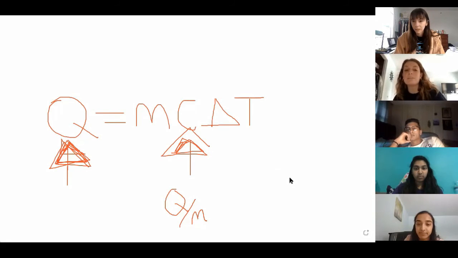So if the m is larger and the c is not that big for metal, then that would create a bigger Q, and Q is the heat transfer. So with the greater mass, there's going to be more heat transfer, which is why something feels colder, because more of the heat is being taken away. Yeah, that's my understanding. Yeah, that's perfect.